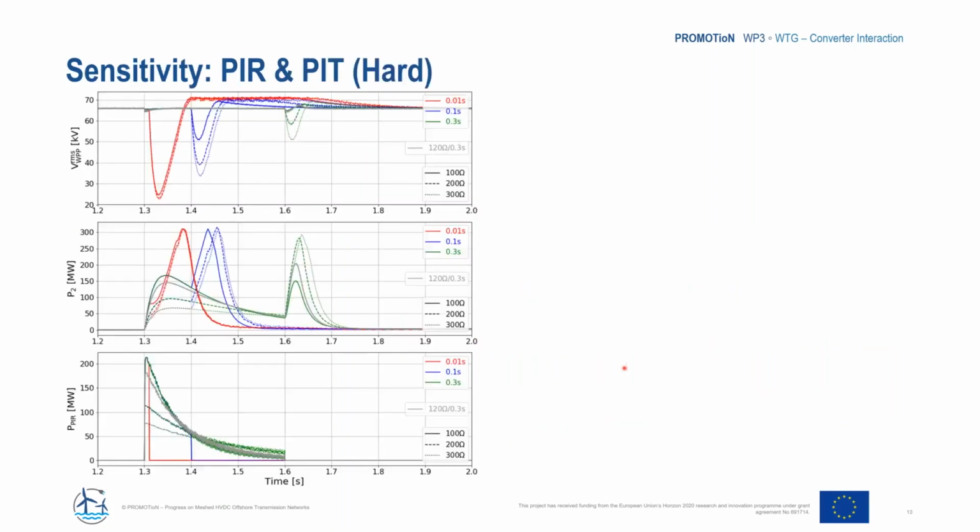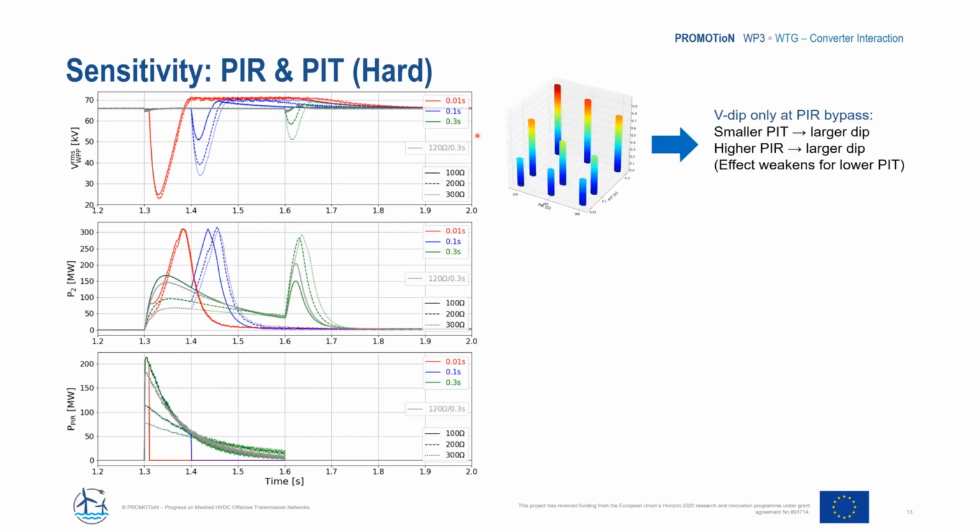Now, coming to the sensitivity analysis, first, this is for the hard switching case, in which we choose 3 different PIR values and 3 different PIT values to see how that impacts the energization transients. As you can see, there is a voltage dip at the bypassing of the PIR, and this dip is larger for smaller values of the insertion times and larger PIR values.